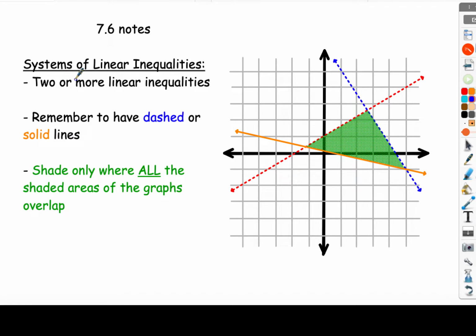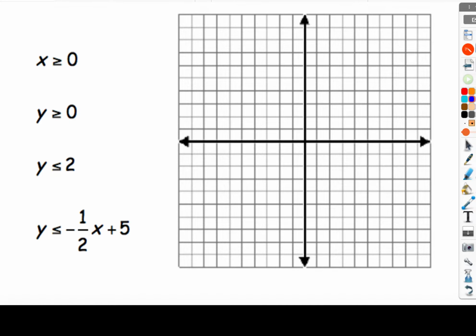So again, a system has 2 or more inequalities. Remember that we can have dashed or solid lines around the edges, but you only want to shade where all of the graphs overlap, where all of the graphs exist. So let's take a look at an example of that. If we wanted to graph the line x is greater than or equal to 0, remember x equals makes for a vertical line.